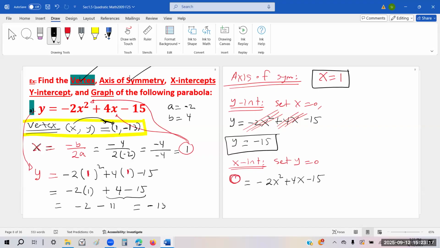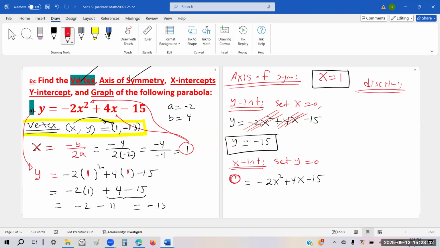Is it factorable? 15 times 2, 30. Before we even try factoring, let's see, do we have any x-intercept? Let's use our discriminant. I don't want to waste our time trying to figure out the x-intercept if it doesn't exist.